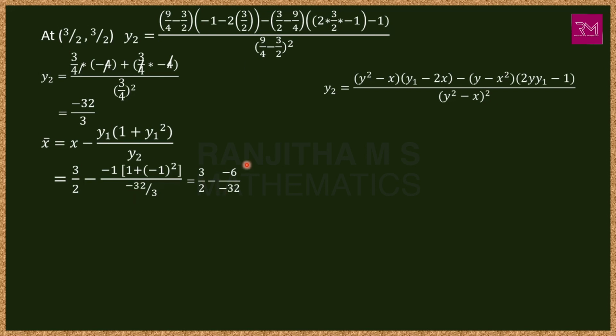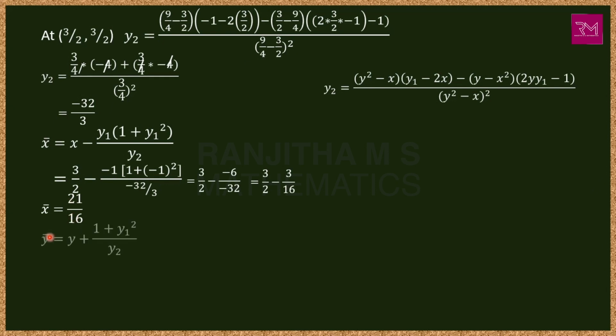Hence, if we take 3 to the numerator, that becomes minus 2 into 3 is minus 6 divided by minus 32. Here minus gets cancelled. Here we get 3/2 minus 3/16. Simplify the term, we get the x bar value as 21/16.